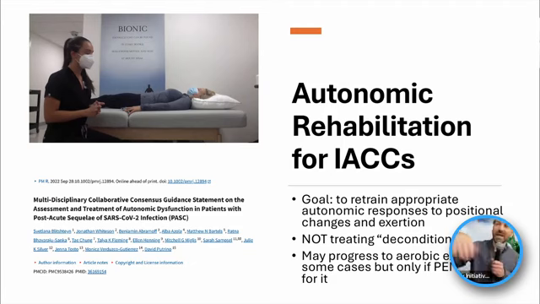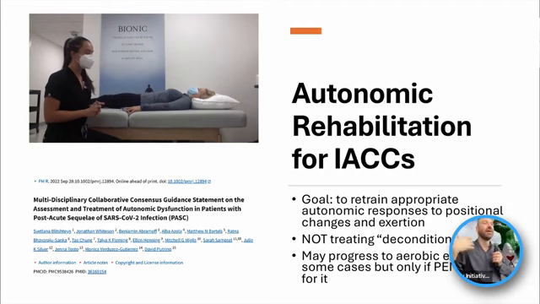But the only thing I want to point out is we have a publication in the American Association of Physical Medicine and Rehab where we really detail some of the guidelines around autonomic rehab. And once again, we're not trying to treat deconditioning with autonomic rehab. So when you sometimes Google autonomic rehab, you'll see Levine protocol, you'll see modified CHOP protocol.